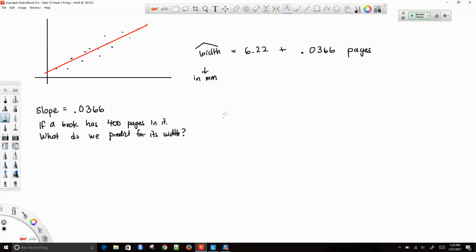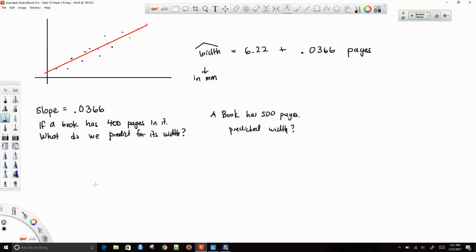It'll be the same question. A book has 500 pages. And we're going to ask predicted width. Okay. All right, so I'll let you guys calculate these out, and just tell me what values you get.